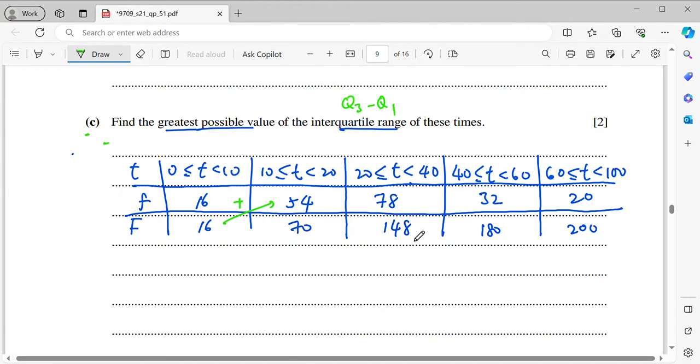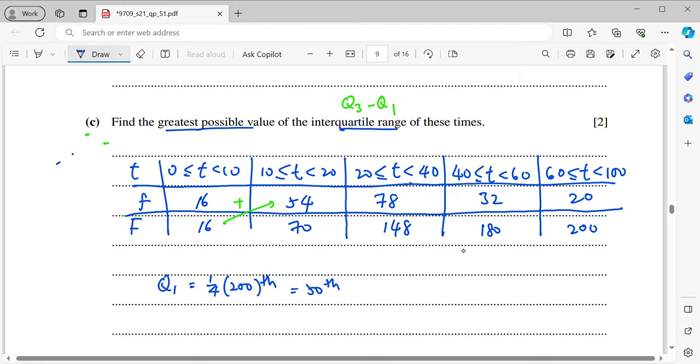So now I need to get the class first. So from here, Q1 is the 1/4 of the total value. So that means we have 200 data in total. Therefore, 200 times 1/4, it will be 50th, right?